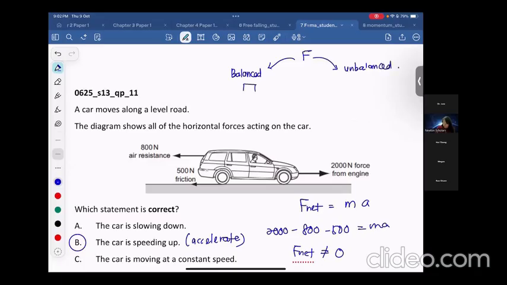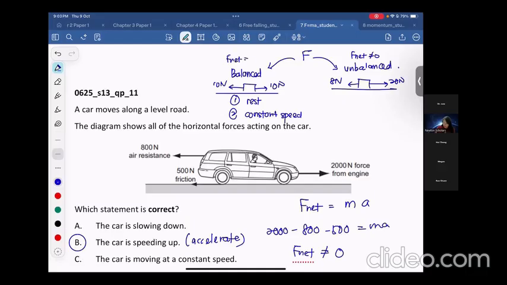If balanced force, for example, here 10 Newton, here also 10 Newton, the object is at rest or moving at constant speed. If unbalanced, for example, here 20 Newton, here 8 Newton, you will find that your net force is not zero. Balanced means net force is zero.